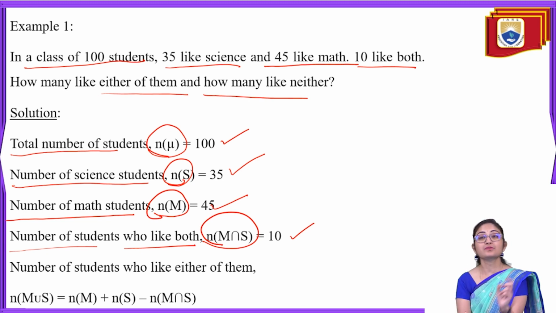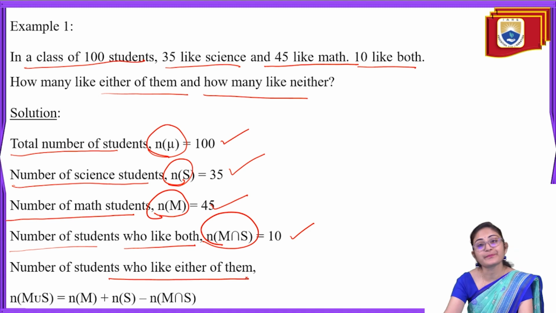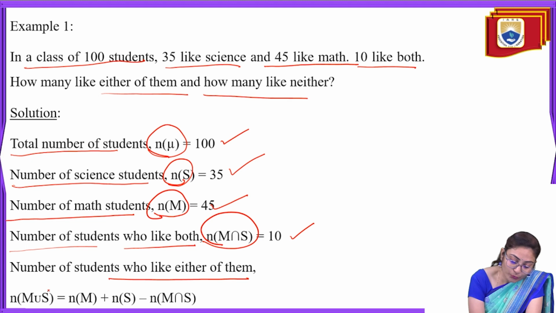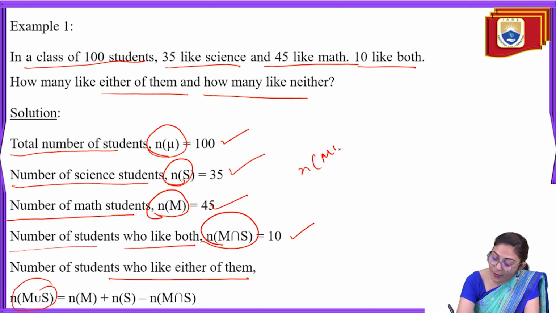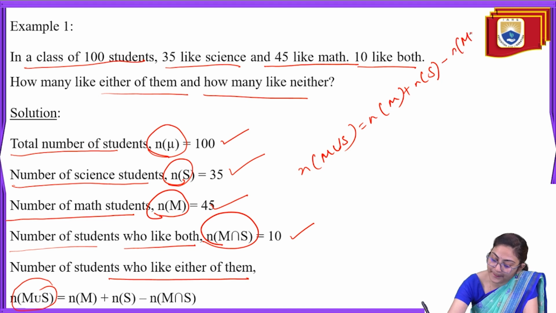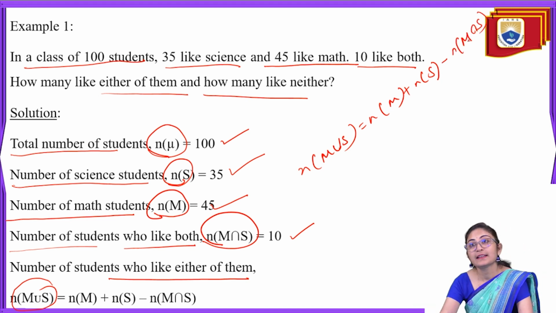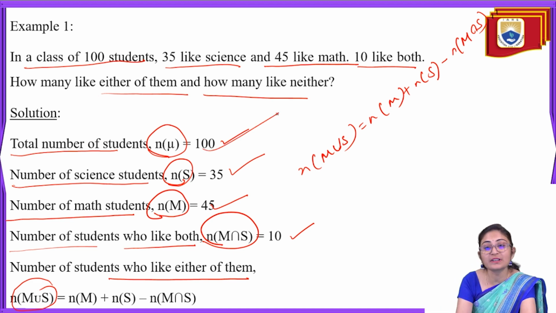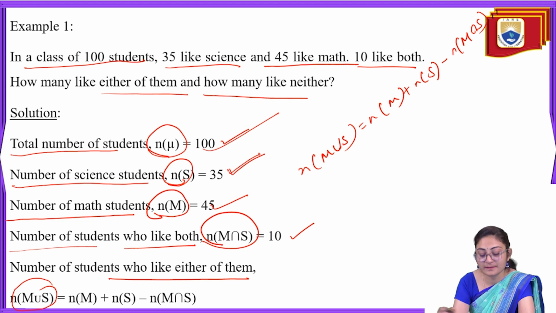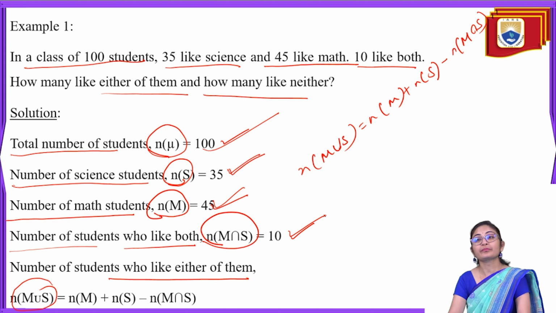Now for the number of students who like either of them, that is, any one subject, you have the formula n of m union s is equal to n of m plus n of s minus n of m intersection s. This formula you have to use. You have the total number of students, the number who like science, the number who like maths, and the intersection of both.